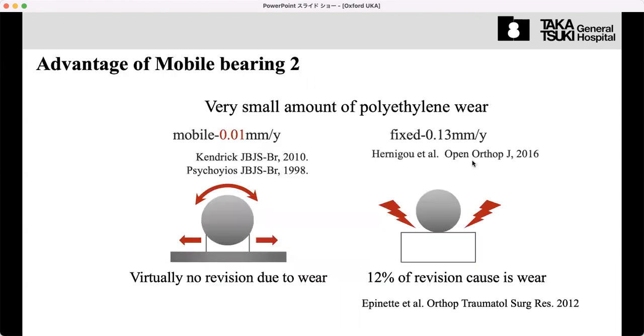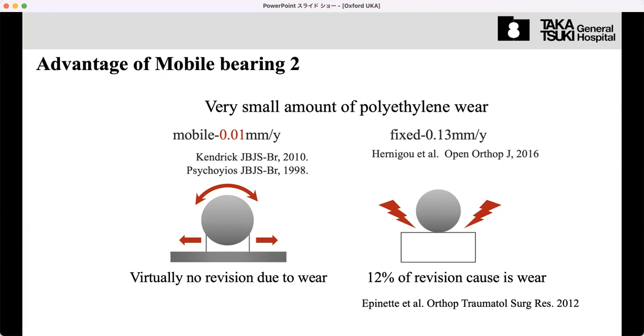The second advantage is a very small amount of polyethylene wear due to the wide contact area. In the mobile bearing, the annual linear wear rate is reported to be 0.01 millimeter per year. After 10 years of use, the wear will be only 0.1 millimeter.